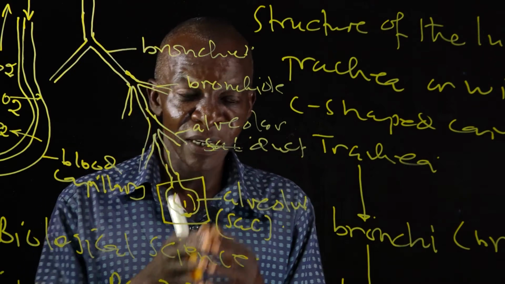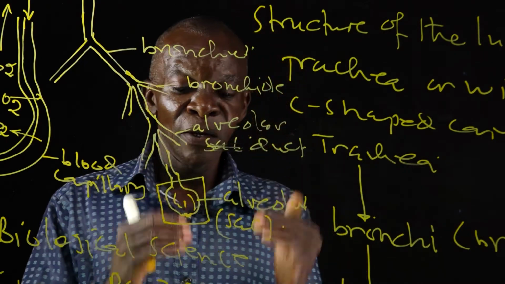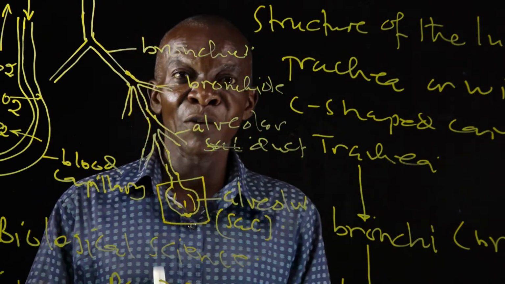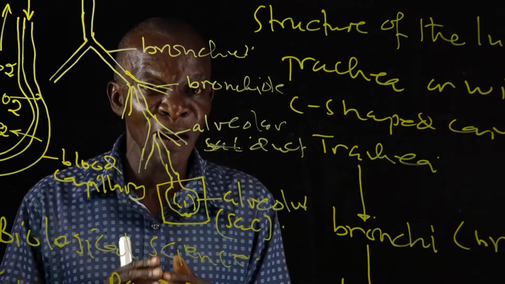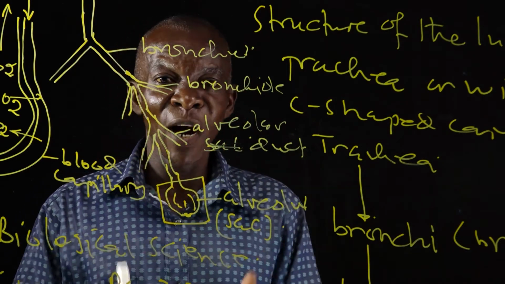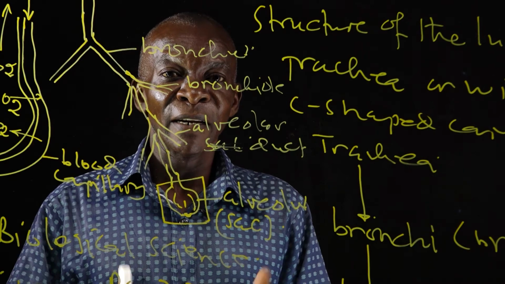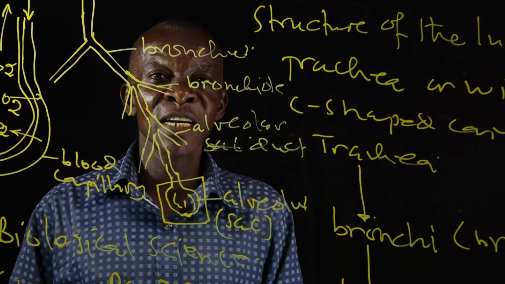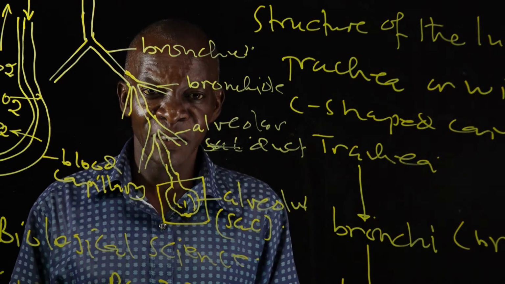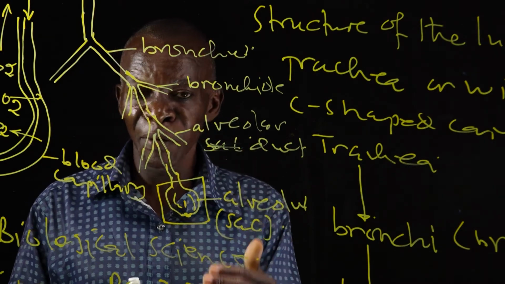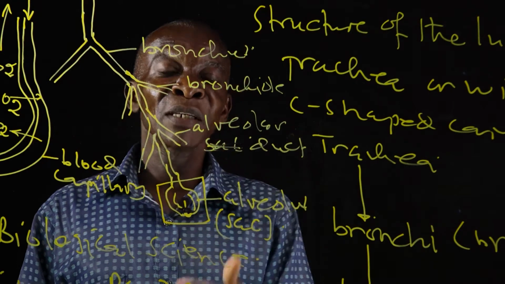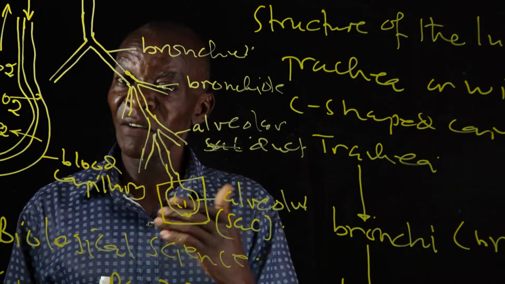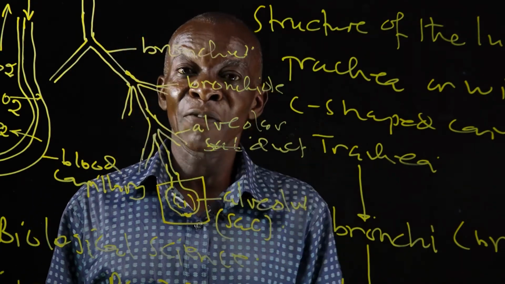We have said that the surfactant lowers surface tension of the fluid in the alveoli, thereby reducing the effort needed to breathe in and inflate the lungs. So in these premature babies, breathing becomes difficult as a result of insufficient production of surfactant.